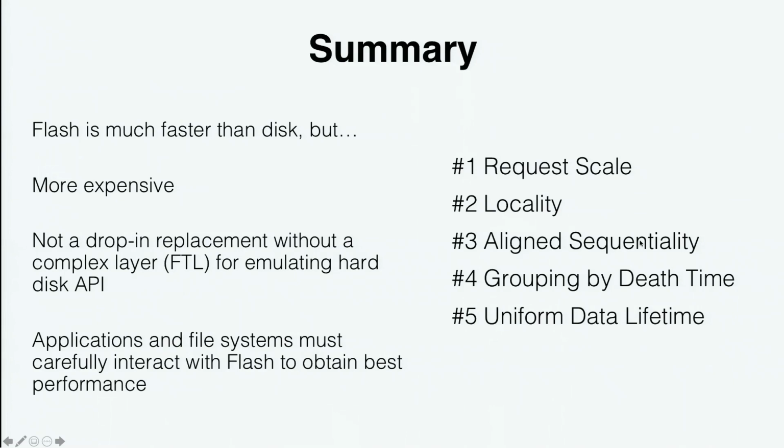If you do aligned sequential writes, you'll be able to do those switch merges in the SSD instead of full merges, and you'll get better performance. And then if you're able to group data by death time or uniform data lifetime, you won't have to do as much garbage collection and wear leveling, and you won't see as much of a performance drop or data reliability problems either.